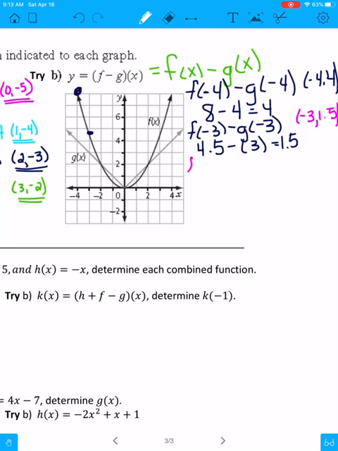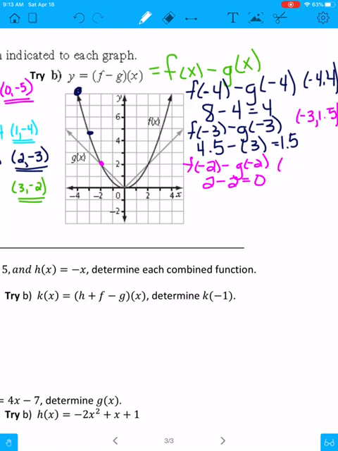Okay. f of negative 2 minus g of negative 2. They're both at 2. So 2 minus 2 equals 0.